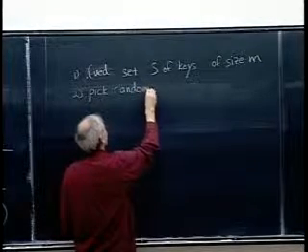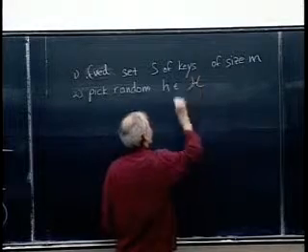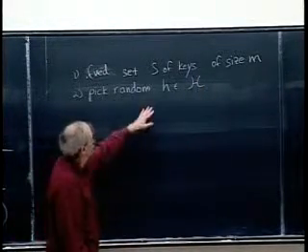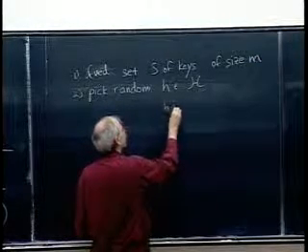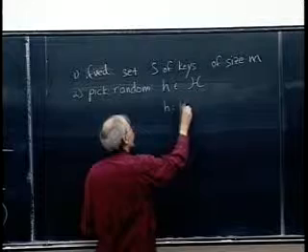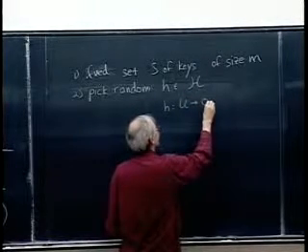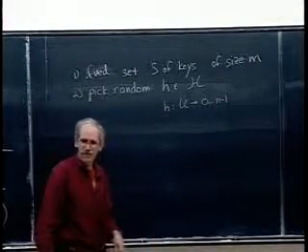And step two is you pick a random hash function h from this collection capital H. And this hash function is going to have the property that H maps your universal set into this range 0 to n minus 1.